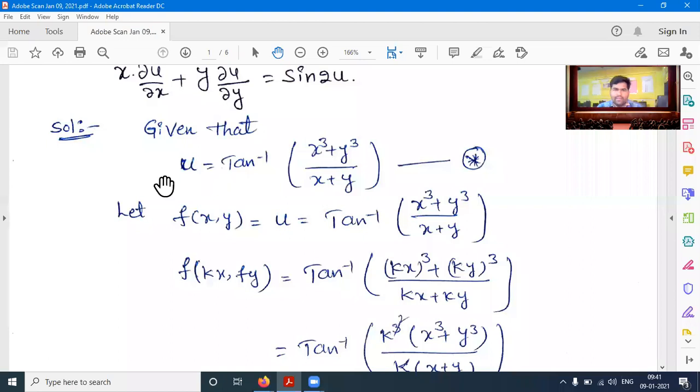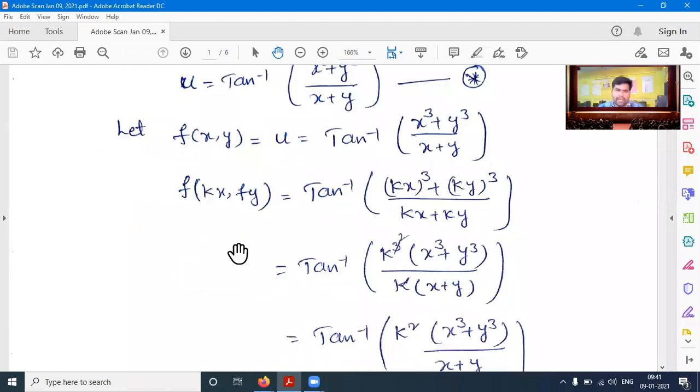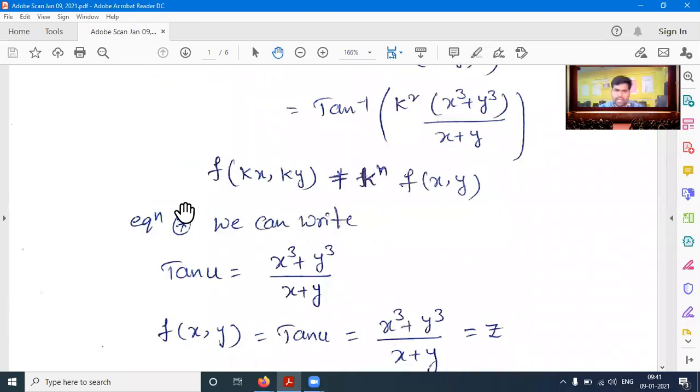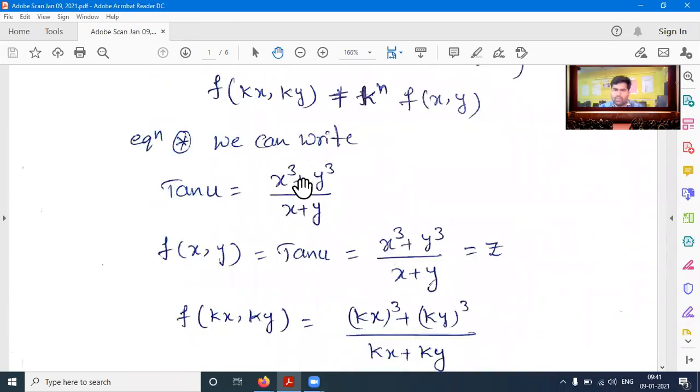What happens if you send tan inverse to this side, or you apply tan on both sides? Then tan u is equal to x cube plus y cube by x plus y.